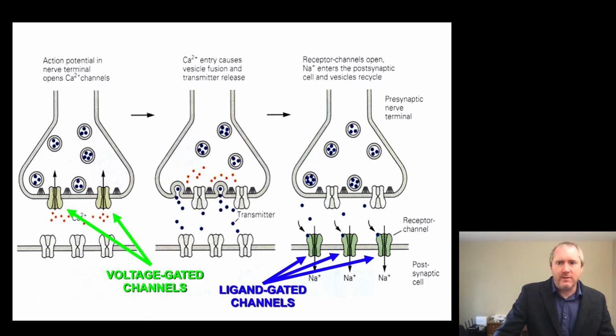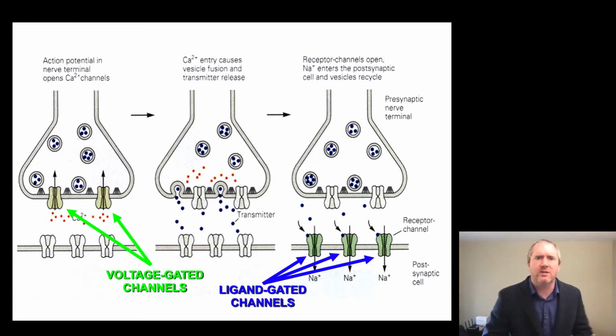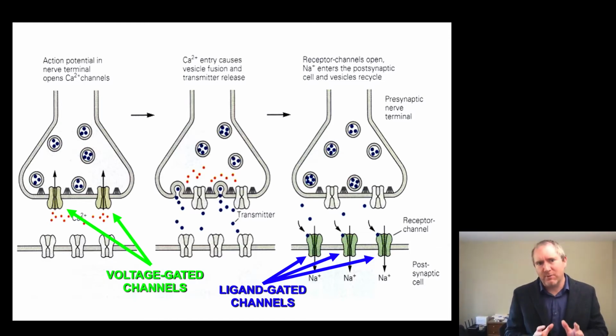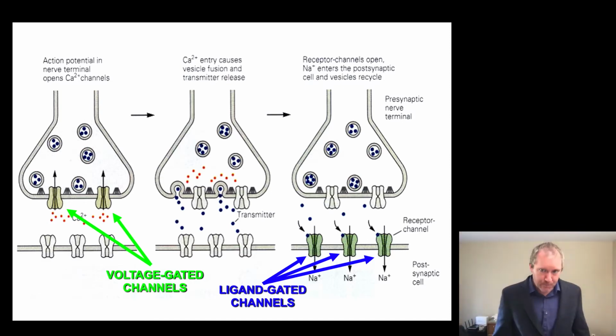So GABA would be the primary inhibitory neurotransmitter in the central nervous system. At least in the adult, things are a little funnier early in development. And it's also worth pointing out that the receptor really determines the action of the receptor target. But in the adult brain, GABA A and GABA B receptors, GABA A is the ion channel, GABA B is the metabotropic G protein coupled receptor, both tend to produce inhibitory responses when activated by GABA.